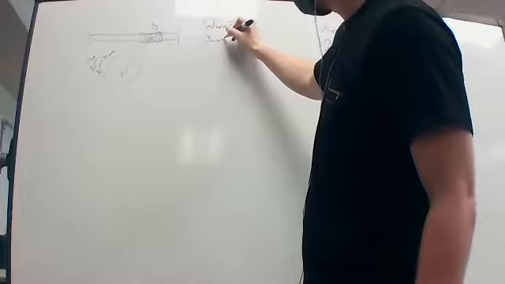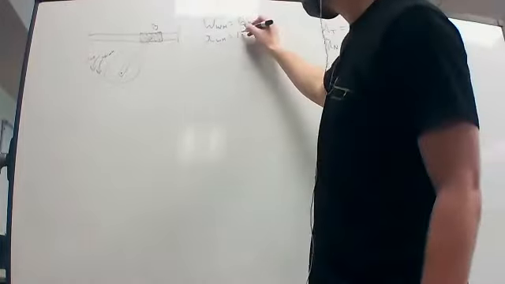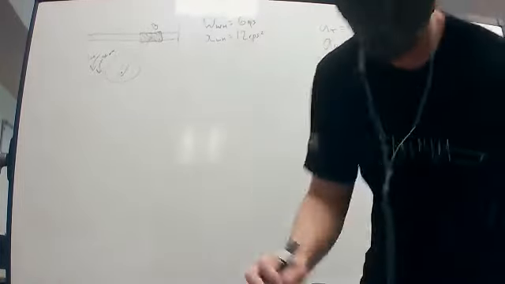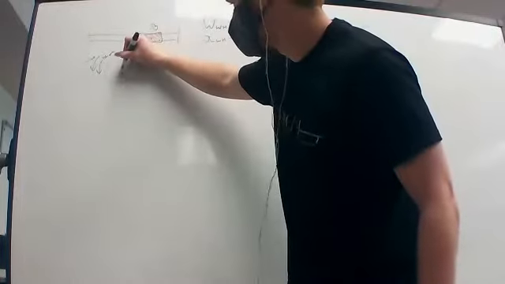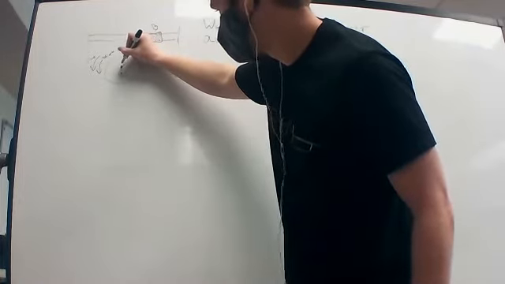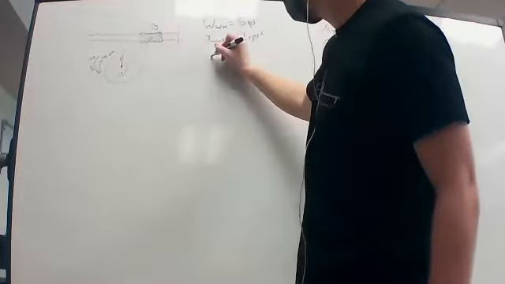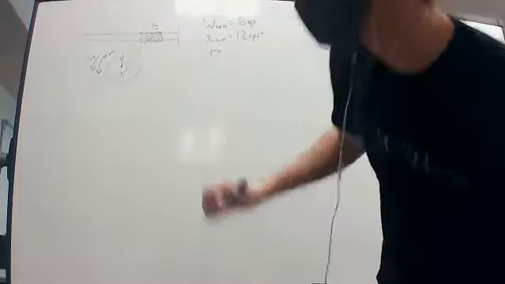And alpha of the wheel is equal to 12 radians per second squared. We know that from the center of the wheel, which is more like right here, that distance, r, is equal to 3 inches.